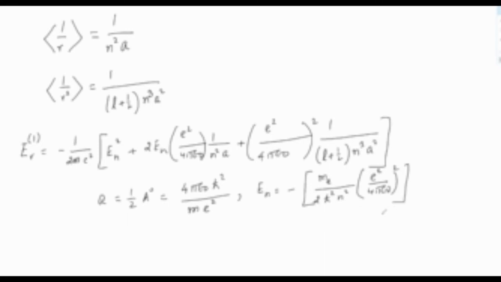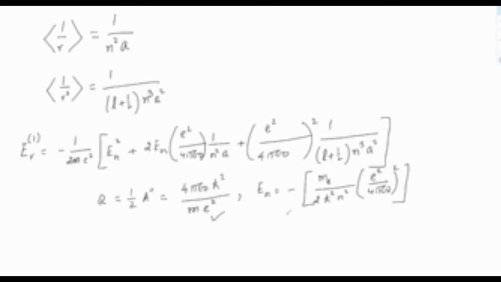This is the expression you get for the unperturbed Hamiltonian, that means with p square by twice mu as the kinetic energy term, where mu is the reduced mass of the system, and then minus e square by 4 pi epsilon naught as the Coulomb interaction energy.